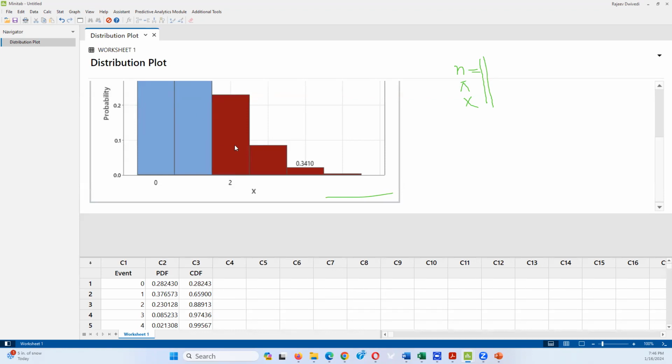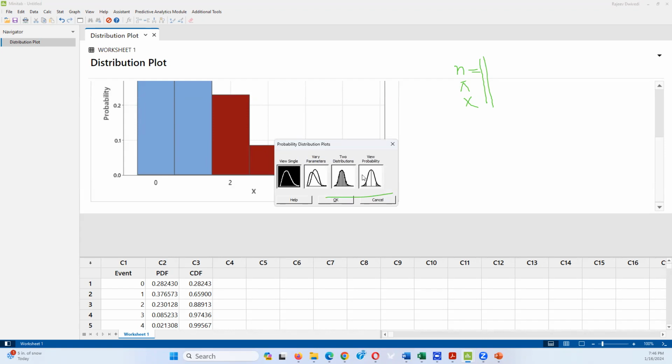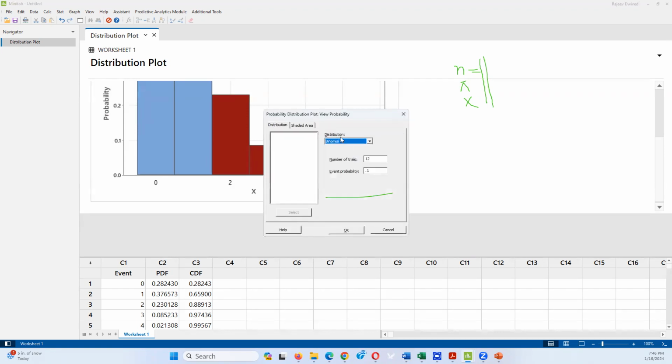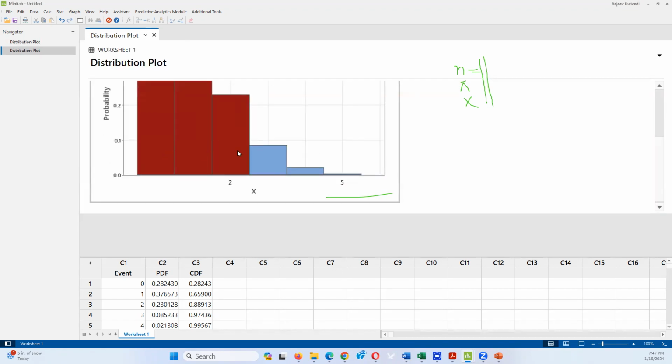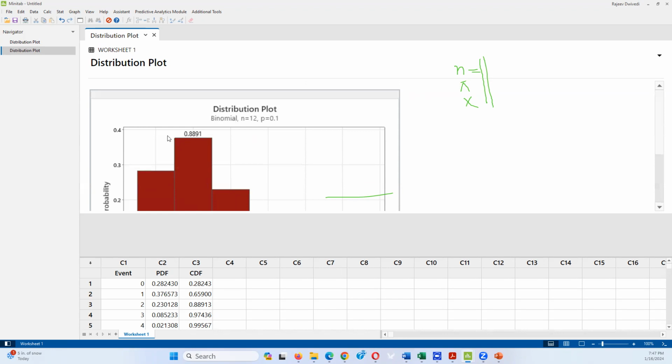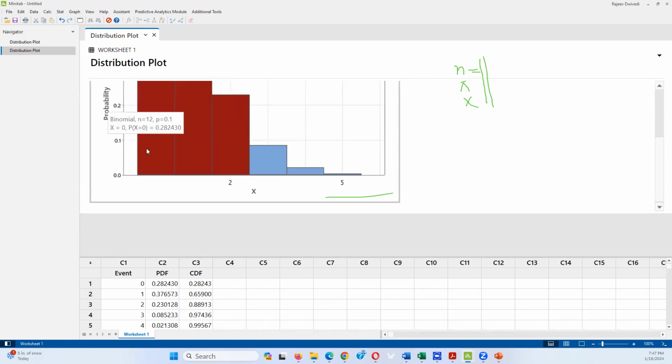You can do the same thing for before that. Up to 2, so 0, 1, 2, these three together give 88.91%. This gives you the compound event probability, the red shaded area.